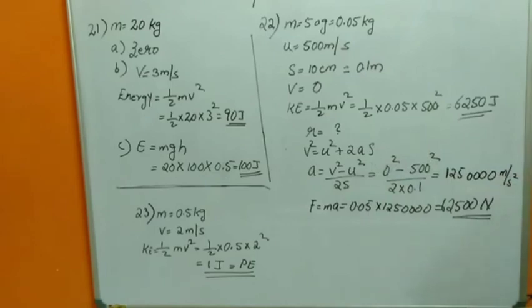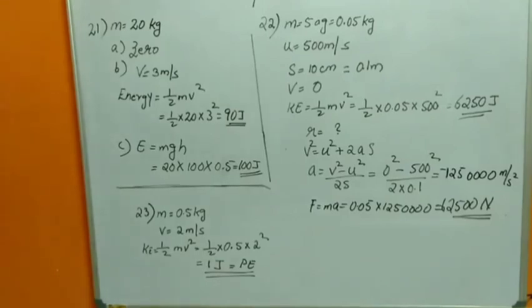Acceleration is negative, so retardation is the negative of that, which is positive. Now to find the retarding force, F is equal to ma, force is mass into acceleration. Since acceleration is negative, retarding force is the negative of negative, positive. So we just substitute and we will get the answer, 62,500 Newton.